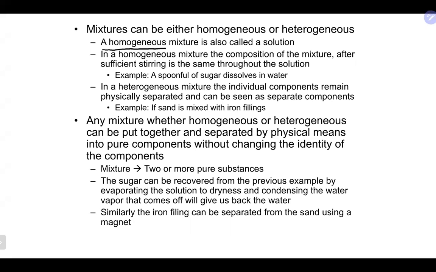The other type of mixture is a heterogeneous mixture. In a heterogeneous mixture, even with sufficient mixing, you still see different phases, different layers. If you go back to your sand in your water, you can mix that all day. The sand is never going to dissolve, so you will still be able to see the sand in it.